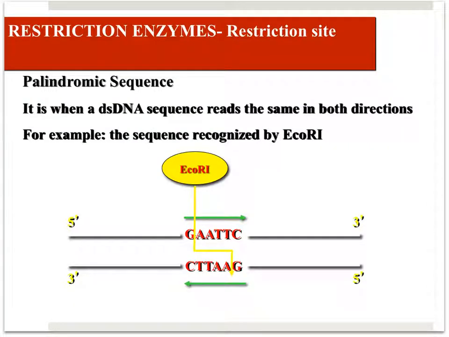If you look at EcoR1, which I mentioned earlier as one of the most commonly used ones, look at this palindrome. From 5' to 3', it is GAATTC. If you go in the other direction, it is the same, GAATTC. That's called a palindrome. So type 2 enzymes, the most useful ones, cut within the recognition sequence. Some other enzymes, like type 1, recognize a certain location but cut not inside that location.